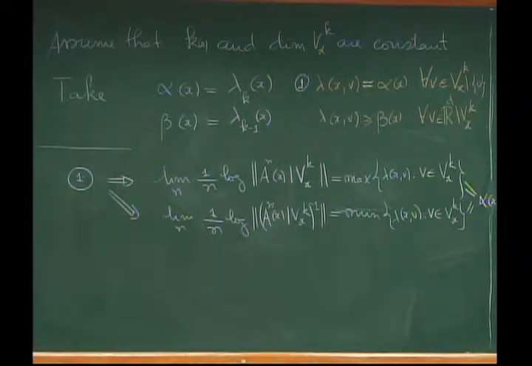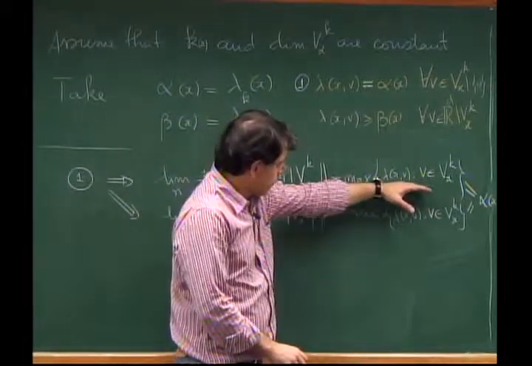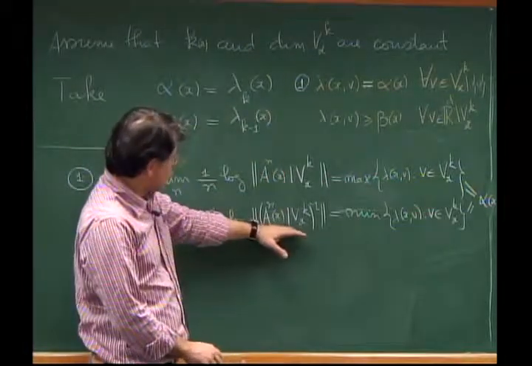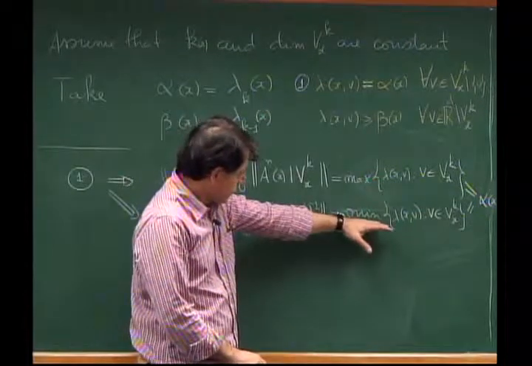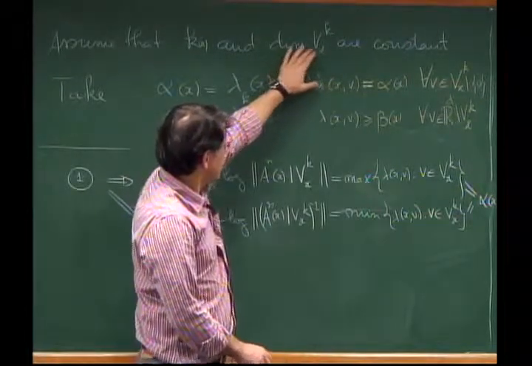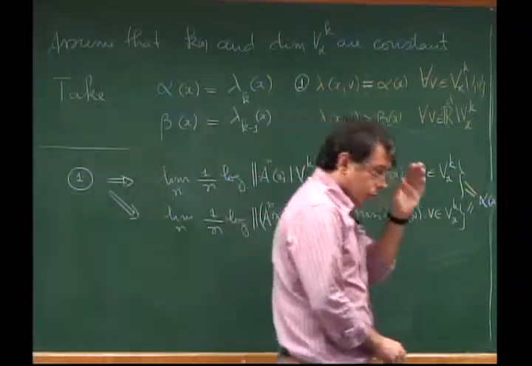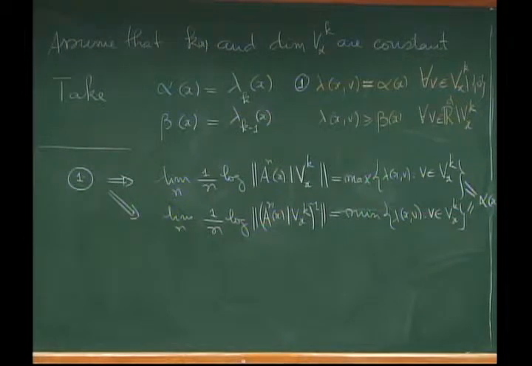Okay. This is one of the propositions that I had written here. The norm grows as the largest Lyapunov exponent. The conorm grows as the smallest Lyapunov exponent. And for this subspace, V^k, the largest and the smallest are the same, because it is formed by vectors with one single well-defined rate of growth.